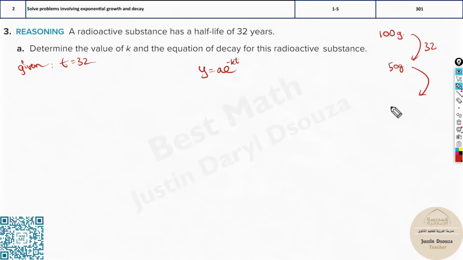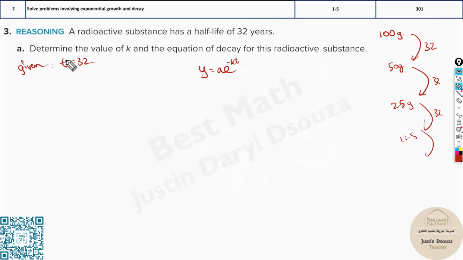Then again after 32 years, it will come to 25 grams. Then after another 32, it'll come to 12.5 and so on, and there'll always be a small minute trace of that element. So that's about half-life.